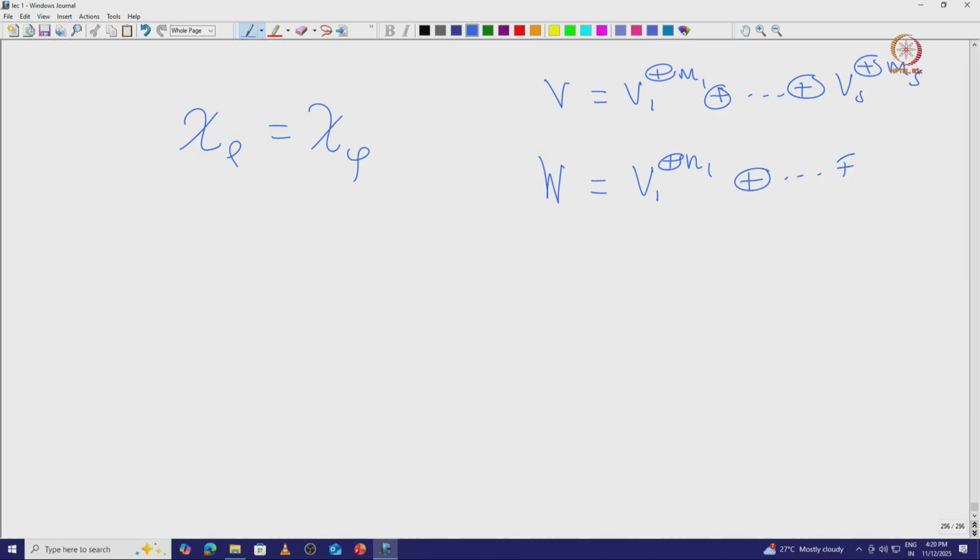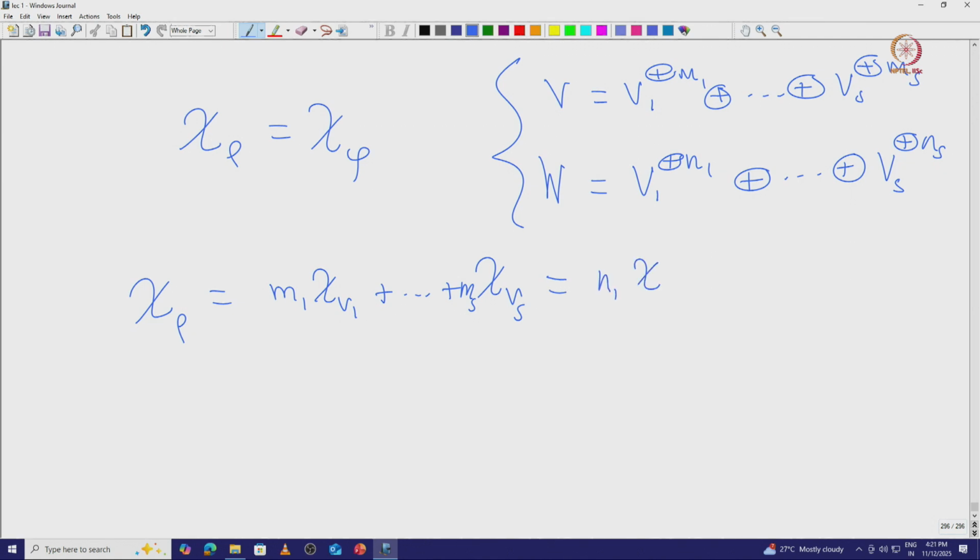So, then the multiplicities of these Vi appearing in both V and W must be equal. Again, that will follow from the linear independence of these characters. So, let us write V and W as follows. Then that would imply that chi rho is the same as M1 chi V1 plus etc. plus Ms chi Vs, which is the same as N1 chi V1 plus etc. plus Ns chi Vs, as chi rho is the same as chi phi.